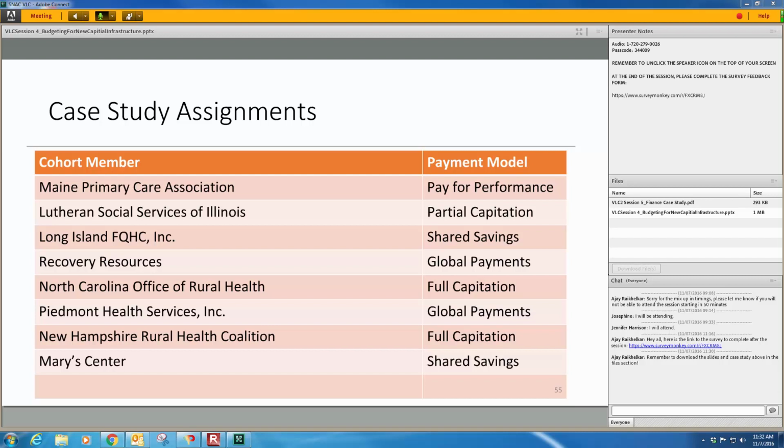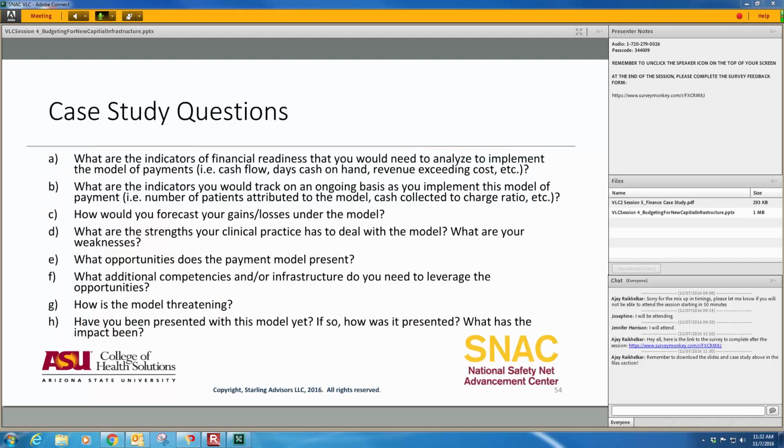We tried as best as we could to align them with some of the activities and issues we think you might be contending with, but it's not always a perfect match. So just do your best to go back through these questions as a group, responding to them as it relates to your particular payment model.